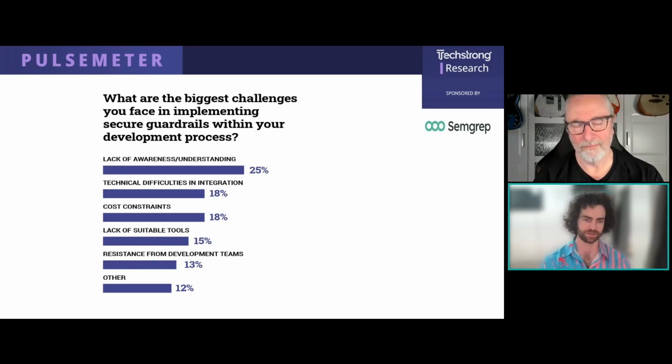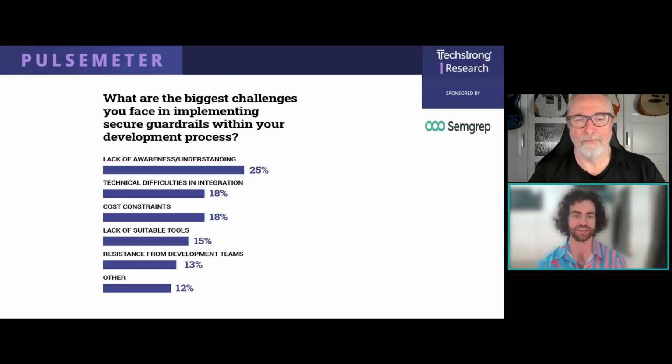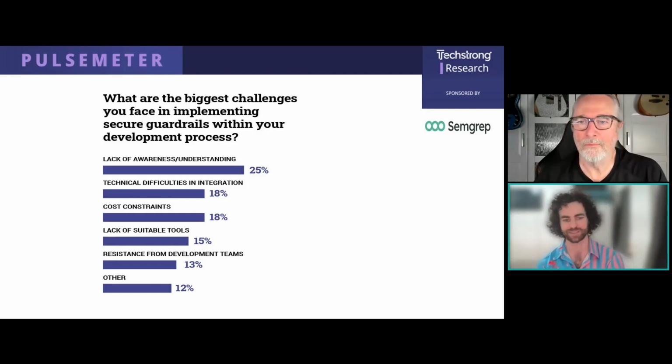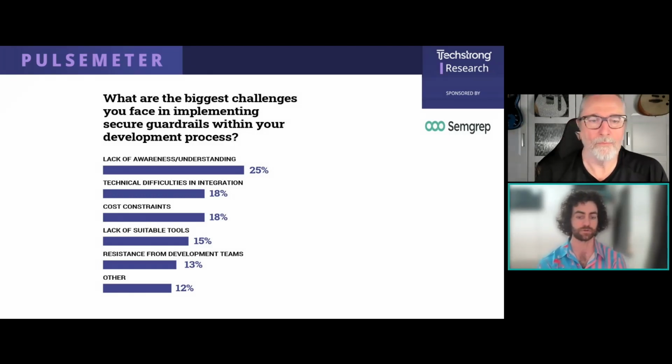If you had more people on your security team, which I'm just going to assume is a cost constraint, you could probably build better tools. If the tools were better, you'd probably have less resistance from developers, because if the stuff's easy to use, I actually think the average developer does care about security, and is willing to use things that aren't going to slow them down and are well-written tools themselves.